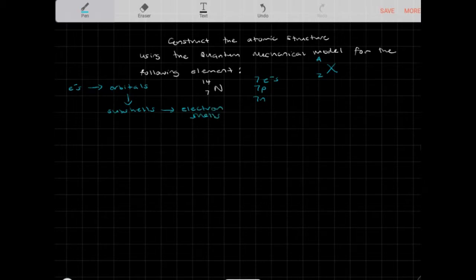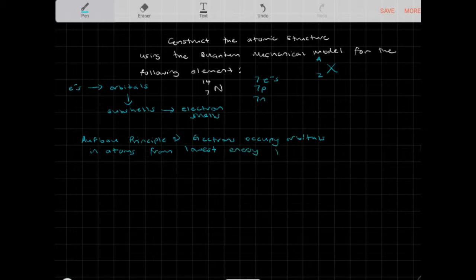Okay. Now, before we can actually look at the organization of these electrons and orbitals and subshells, and subsequently electron shells, we actually need to look at a few rules, right? One of these rules is something called the Aufbau Principle, and the Aufbau Principle states that electrons occupy orbitals in atoms from lowest energy to highest energy.